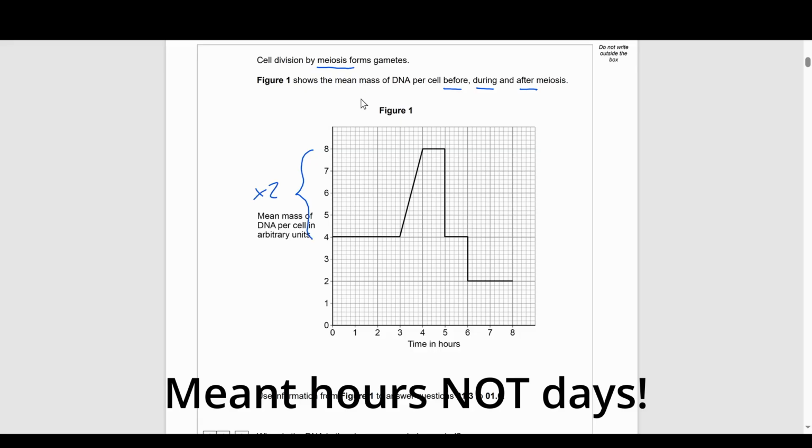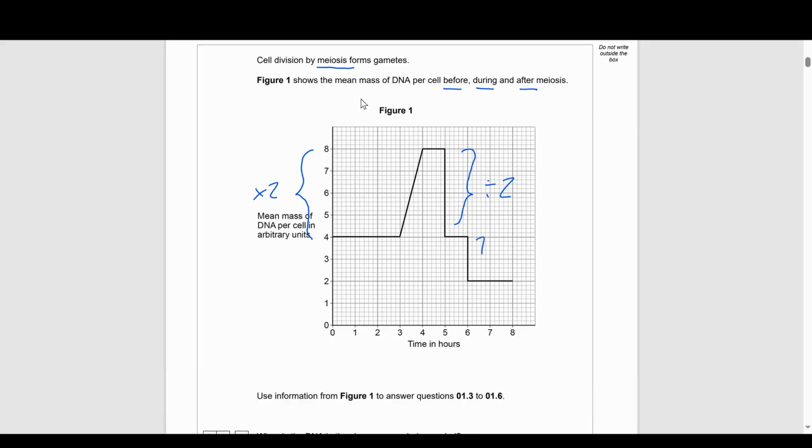It remains at 8 for a day, then drops back down to 4, so that's halving there. Then it remains at 4 for a day and then drops to 2, so that's another halving there. And then it remains at 2 for the rest of the time.